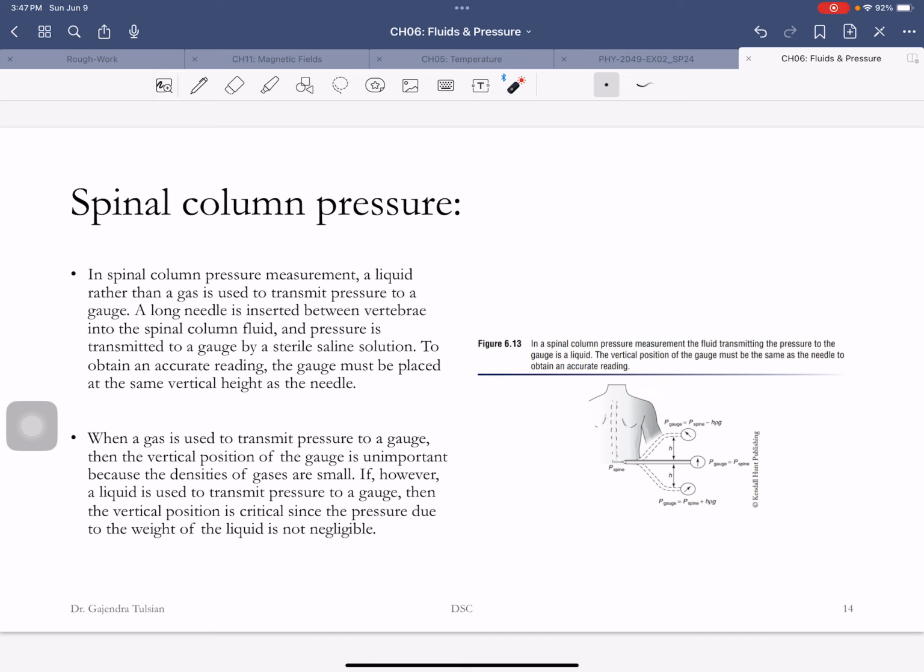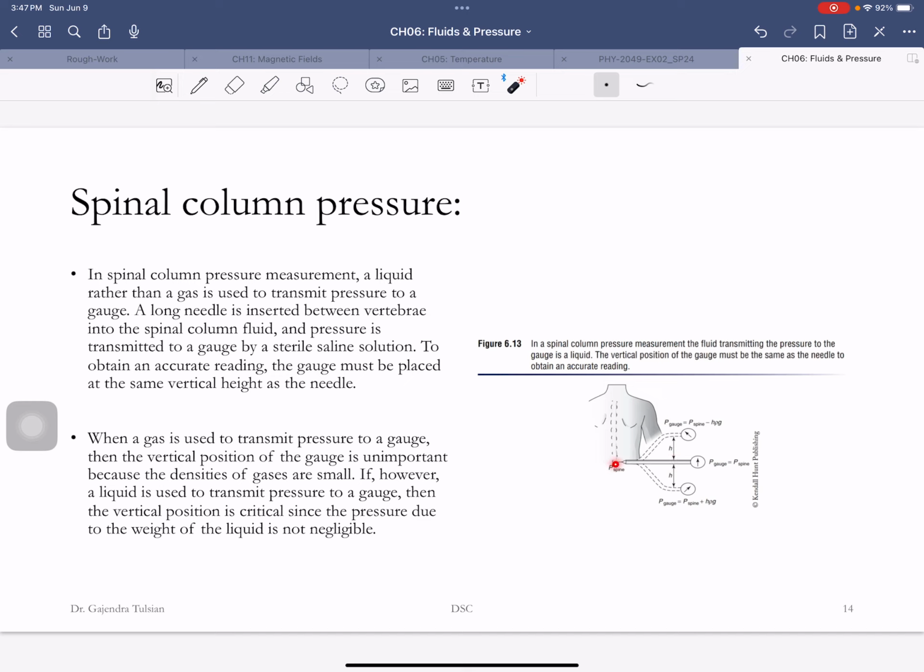All right. So in the next chapter, you'll learn about why we measure spinal column pressure. There's a cerebrospinal fluid that surrounds your brain and flows through the spinal column, and you want to measure that pressure. To measure that pressure, you use a syringe with a saline solution in it.